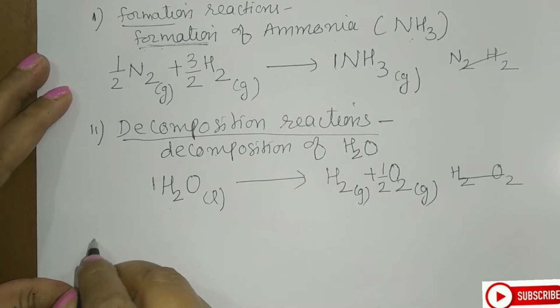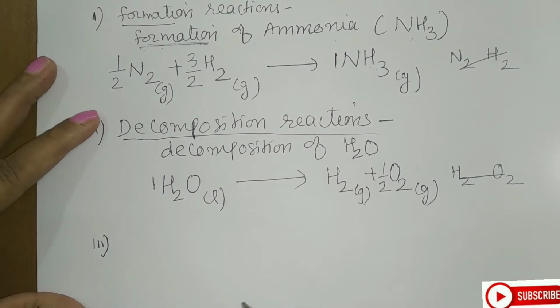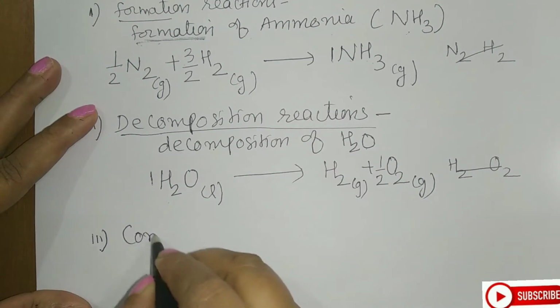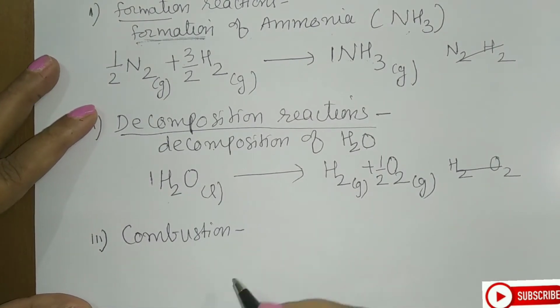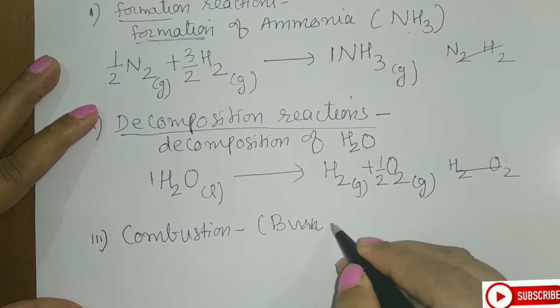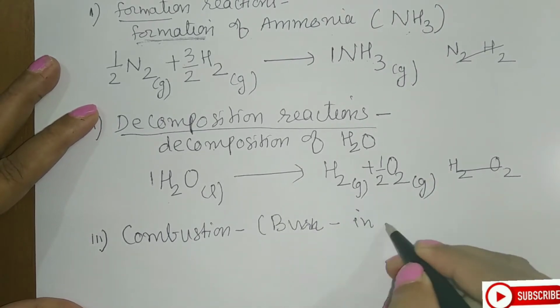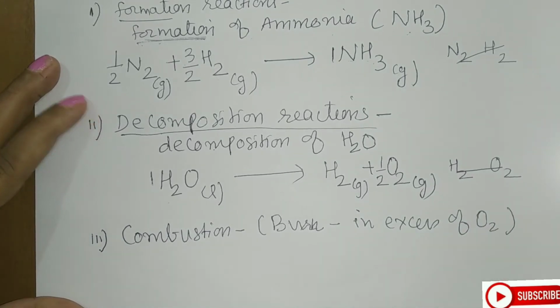Now let us go for the third type of reaction we'll be using in stoichiometric calculations, and that is combustion reactions. In combustion reactions, we burn the given substance in excess of oxygen, that is the reaction.